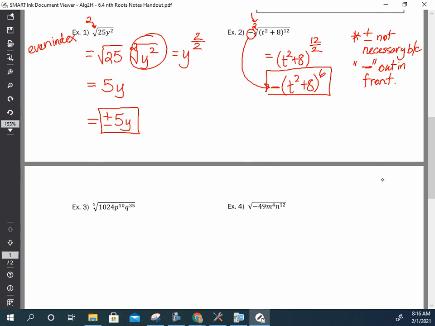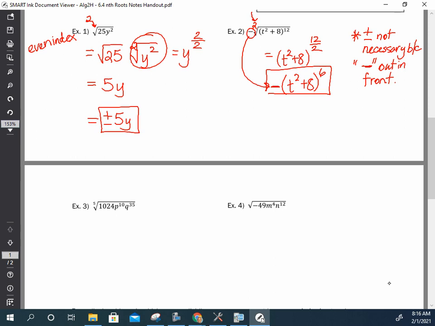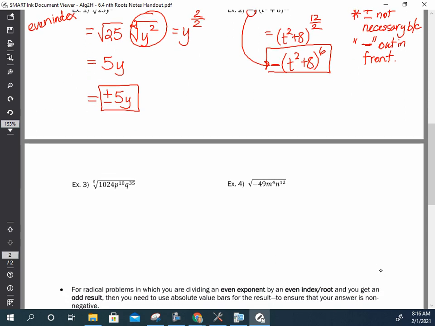All right, let's take a look at example 3. So example 3, we have the 5th root of 1,024, p to the 10th, and q to the 35th power.